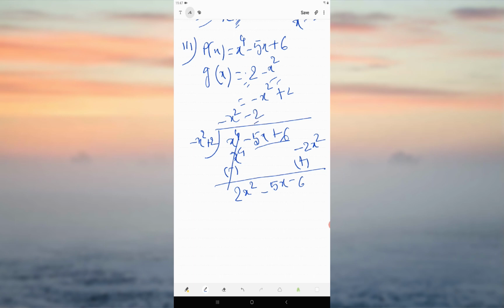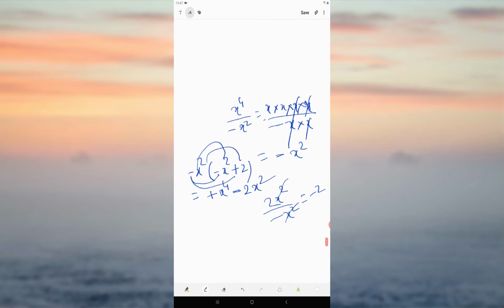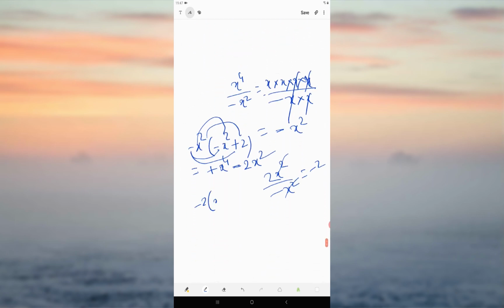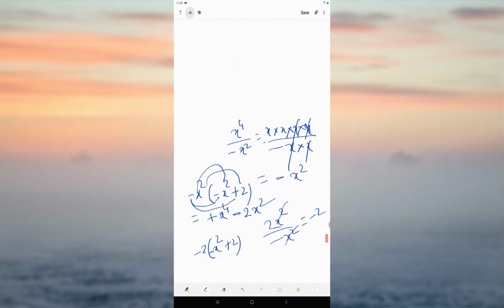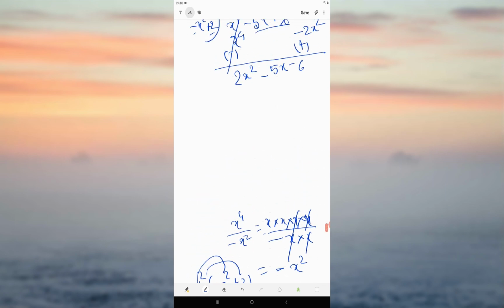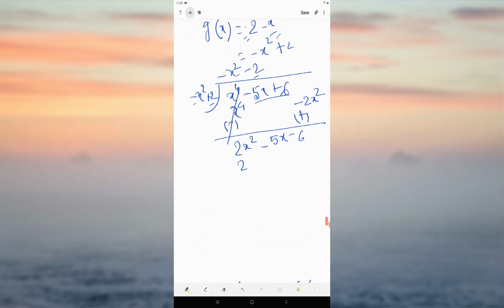Now this minus 2 should not only be multiplied with x square, it should be multiplied with 2 also. So let's multiply minus 2 into minus x square plus 2. Okay. So minus minus is plus, 2 into x square is 2x square, minus into plus is minus, and 2 into 2 is 4. So plus 2x square minus 4. So the next thing that will come over here is 2x square minus 4.